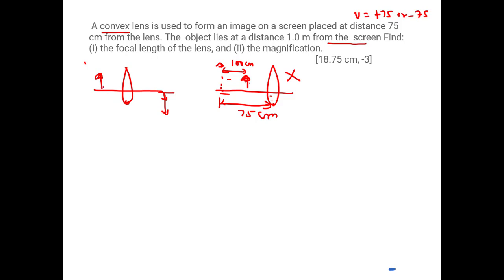The only possibility is that the object and the image are on different sides of the lens. Again, mind you, we don't know whether the image is larger or smaller than the object. Right now, we are just keeping it as it is. After solving the question, we will come to know whether it is larger or smaller than the object. So this distance is given as 100 centimeter. This distance is given as 75 centimeter.